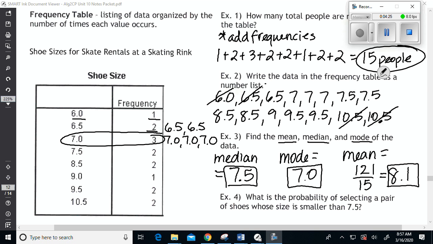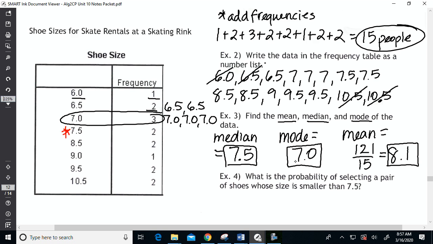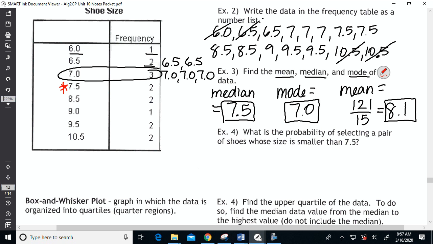Then lastly, what is the probability of selecting a pair of shoes whose size is smaller than 7.5? So here's your 7.5. You're looking for all those sizes that are smaller. So that's a 6, a 6.5, and a 7. Your 6s, there was 1. Your 6.5s, there were 2. Your 7.0s, there were 3.